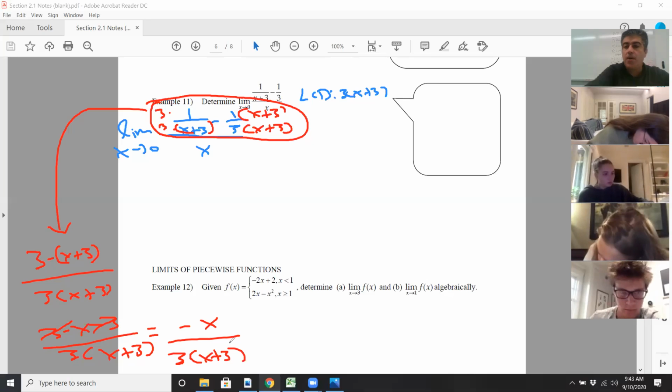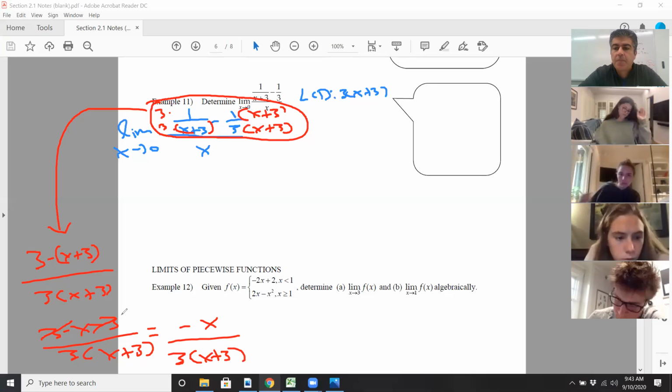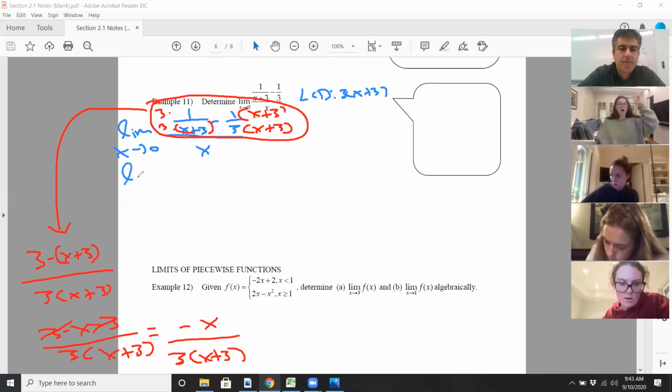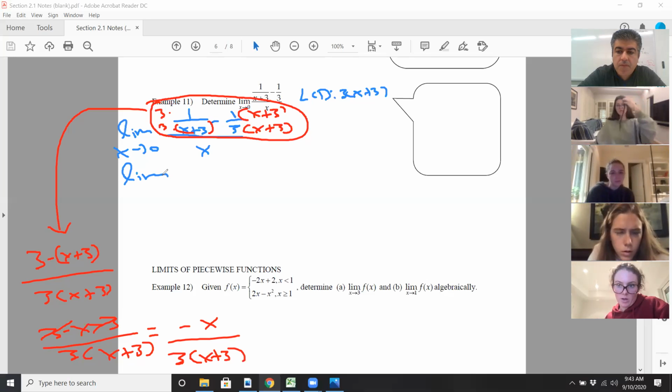Okay, any questions so far of what I've done? All right, so let's bring it all back. So the limit. Why is it 3 times x plus 3 on the bottom and not 3x times x plus 3 on the bottom? Oh, you mean like 3x plus 9?